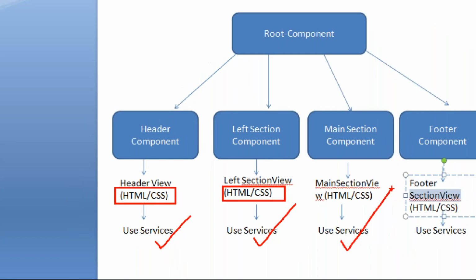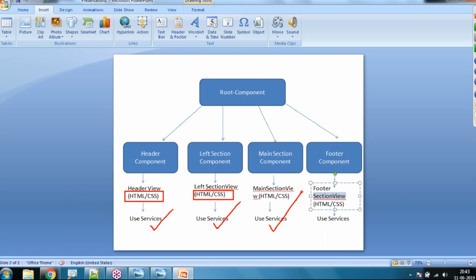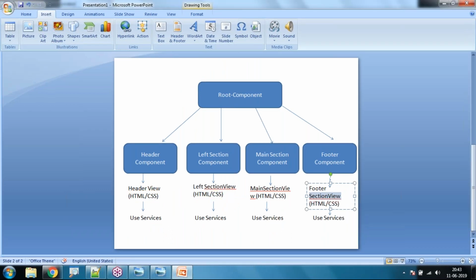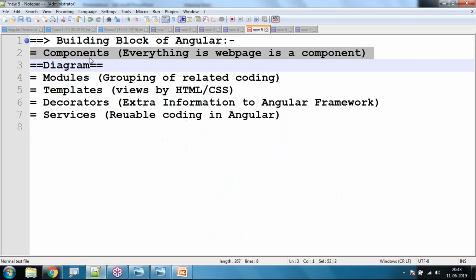So this is what component based UI development using Angular is all about, when compared to controller based UI development using AngularJS. These are the 5 building blocks of Angular. First, components: everything in a web page is a component.